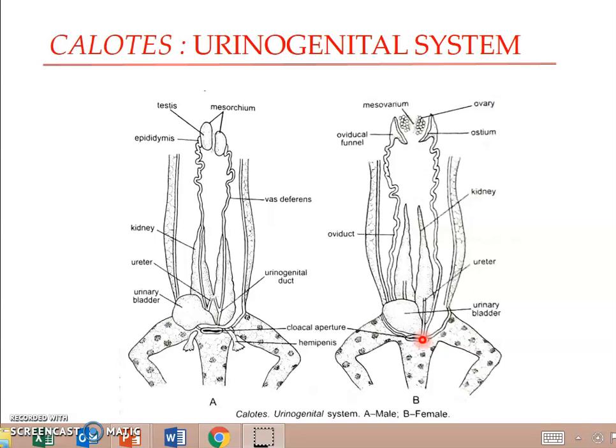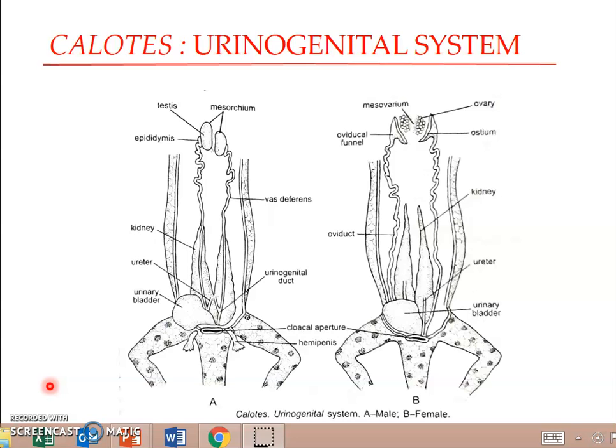The eggs are extruded into the body cavity from the ovary once the eggs are matured. It is released into the body cavity, and from there it is sucked into the oviductal funnel and passes into the oviducts.